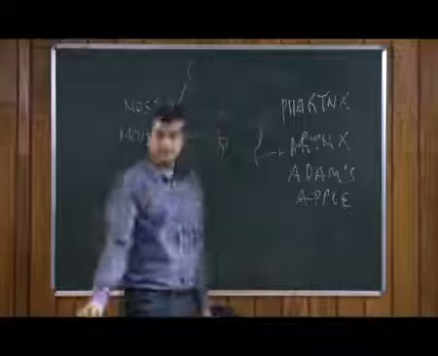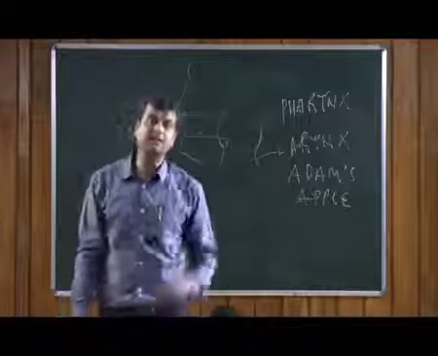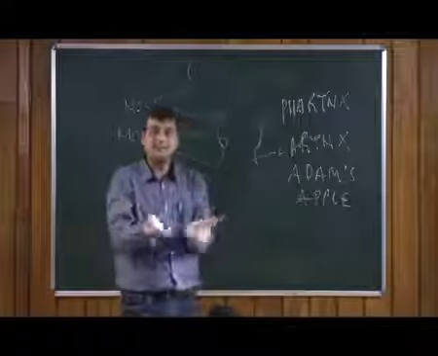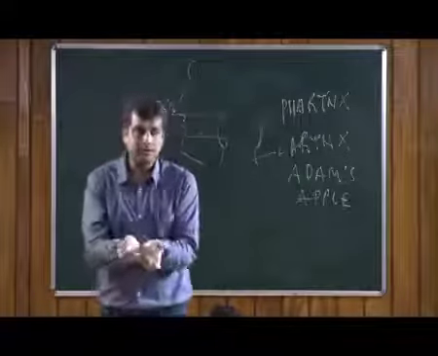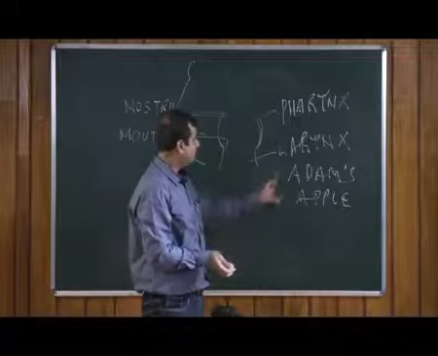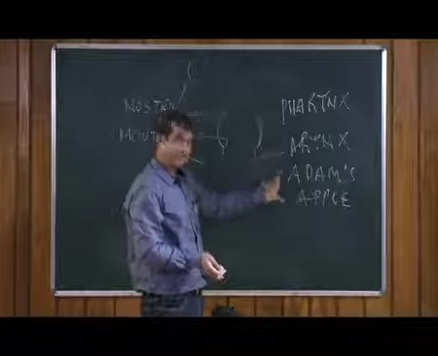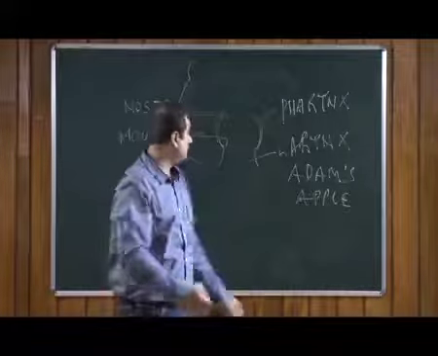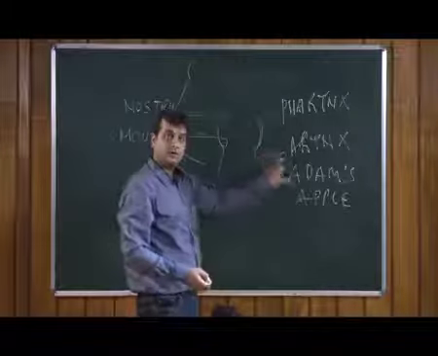The Adam's apple is basically an indication of the sound system of a male individual, and the larynx and Adam's apple are sometimes collectively called the sound box. These are the sound-producing organs.